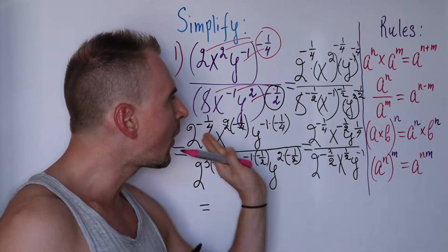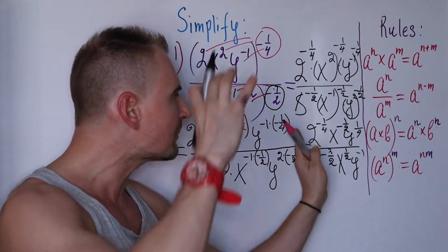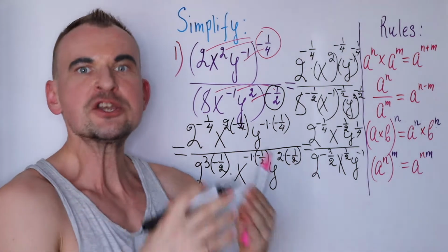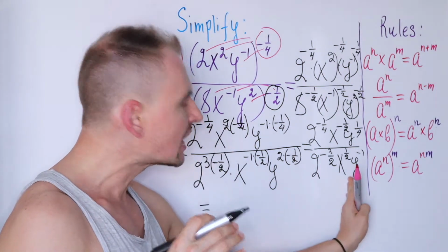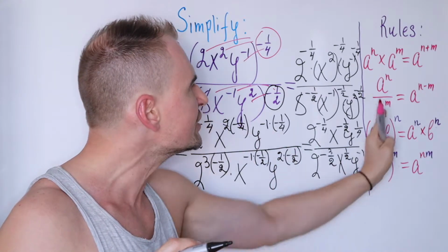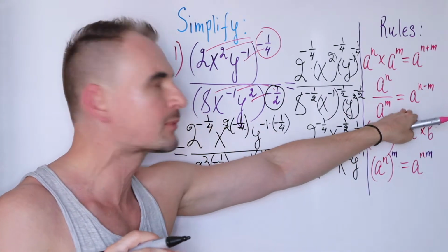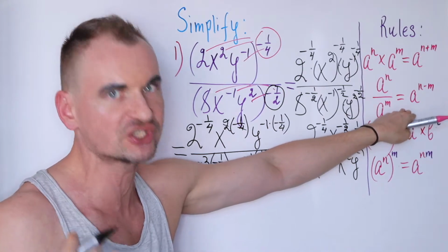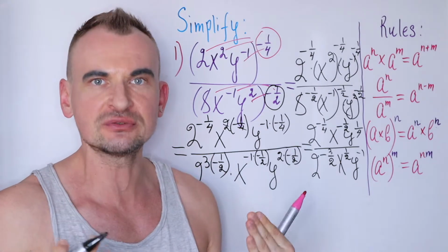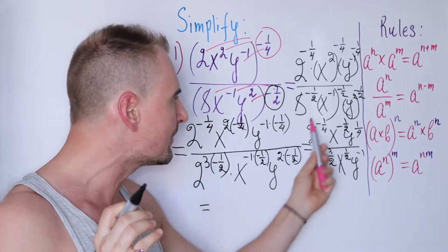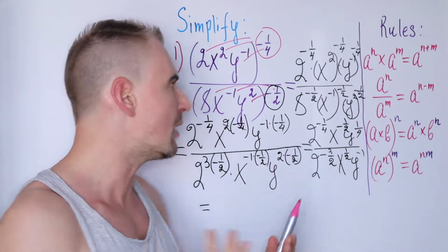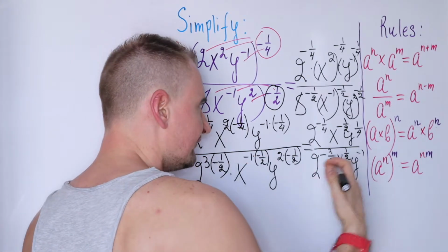Now you have your 2 to a power, x to a power, and y to a power on top. You have the same bases on the bottom raised to other powers. All I'm going to do is use the second property, this division rule. So I'm going to divide them, and all I do is keep the common base and subtract these powers, for each base individually.